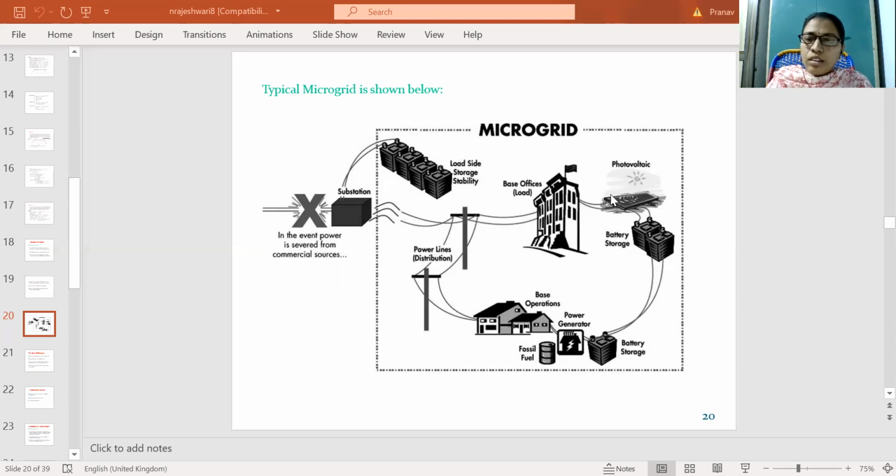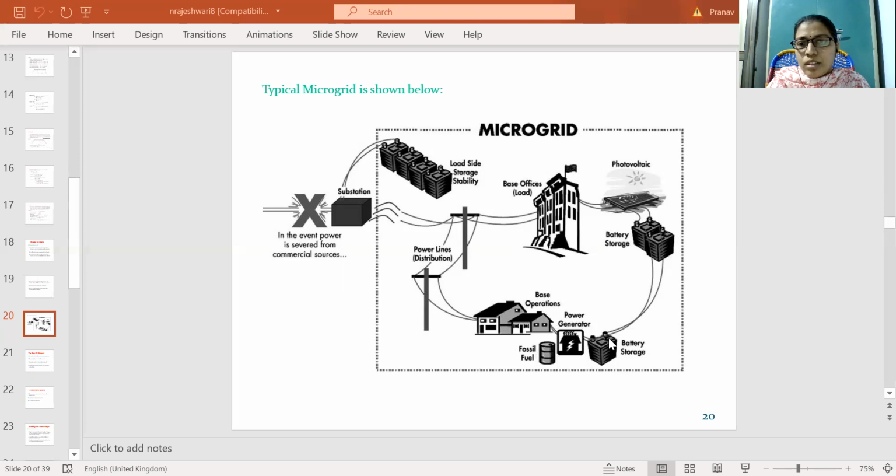And one more thing: photovoltaic cells are used to generate solar electrical power, and this is stored in these battery storages. Here, a power generator using fossil fuels is placed, and it also generates power at a small rate.